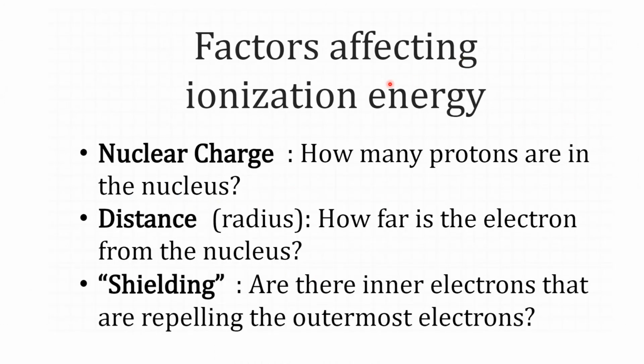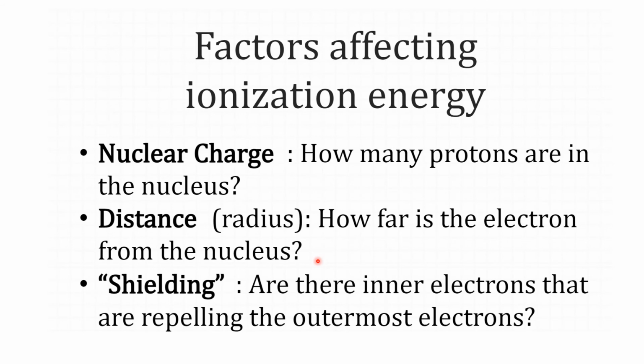The factors which affect the ionization energy are, first, nuclear charge, meaning how many protons are there in the nucleus. Next is the distance. We saw that it is inversely proportional to distance, so how far is the electron from the nucleus? If it is far off, we need less energy.